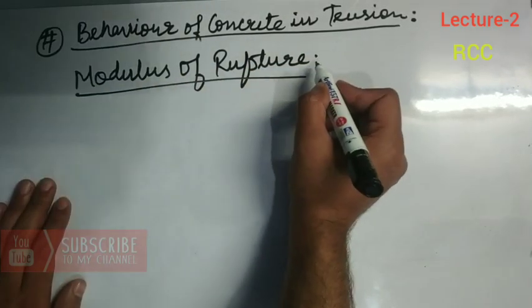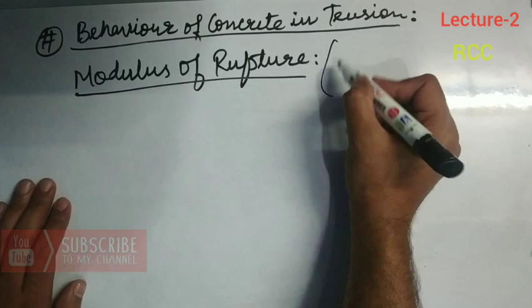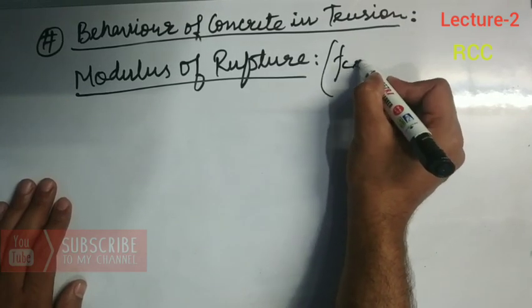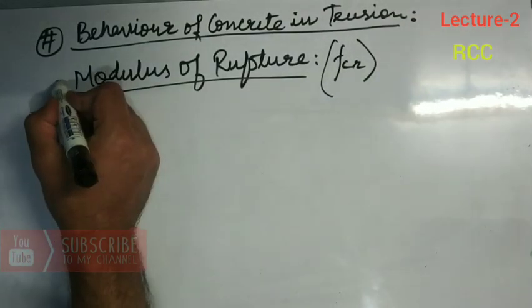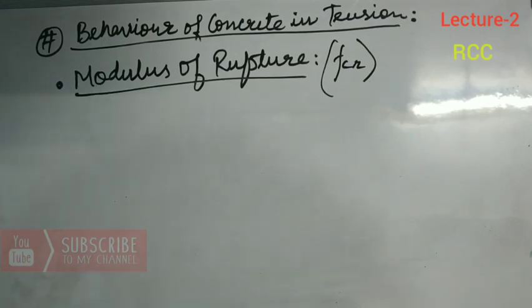So what is modulus of rupture? It is denoted by F subscript CR. See, when we perform the flexure test, a standard simply supported plain concrete beam of square or rectangular section is used, which is subjected to 3-point load until failure.